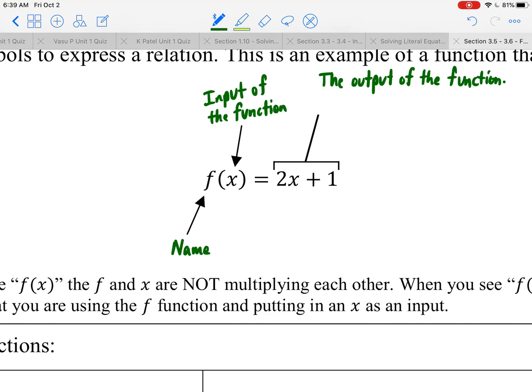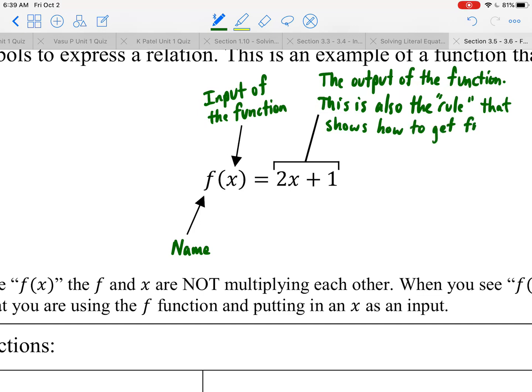And more than that, this is also the rule that shows how to get from the input to the output.